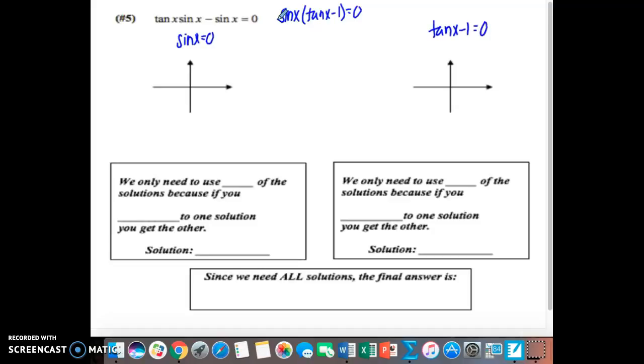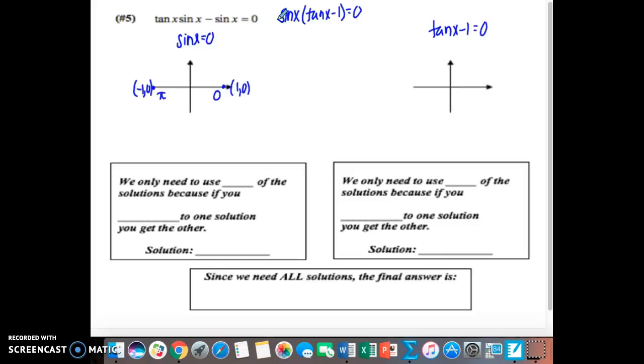So first, looking at sine of x equals 0, we need to think of what values for x give the sine value of 0. First one is at 0, or 2 pi, where we have an ordered pair of 1, 0. And another one is at pi, where we have an ordered pair of negative 1, 0.